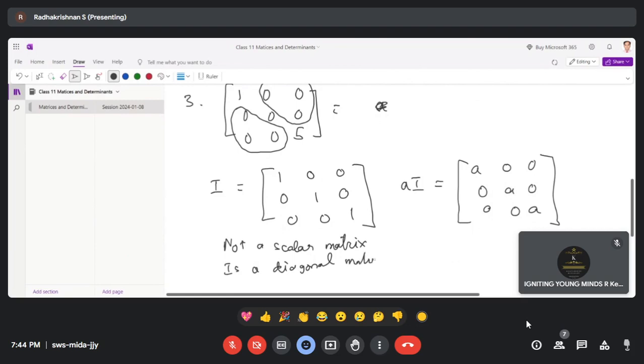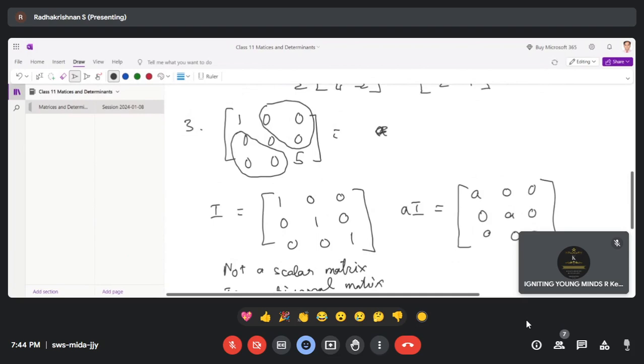Is it an upper triangular matrix? What is the definition of upper triangular matrix? Okay. So if zeros are on one side only, instead of on both sides, it's a triangular matrix.